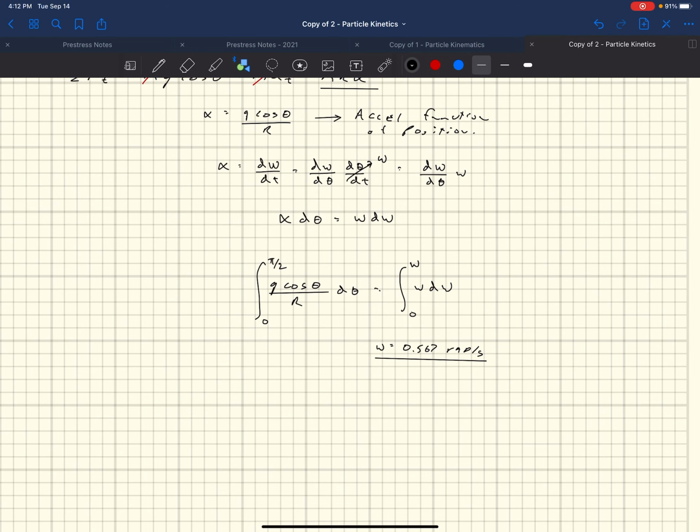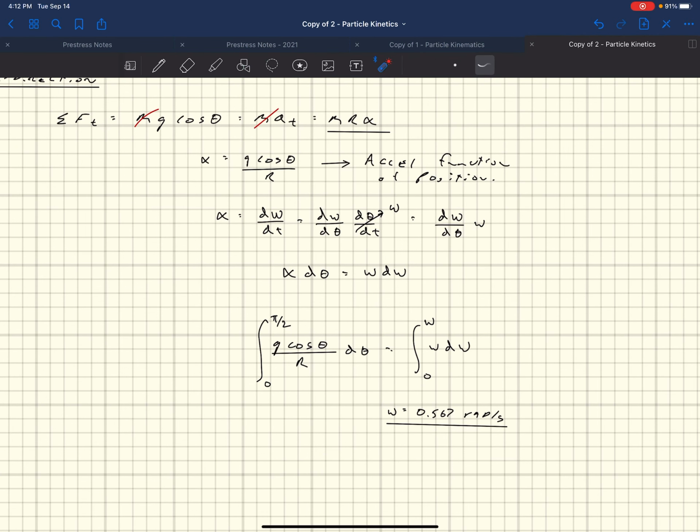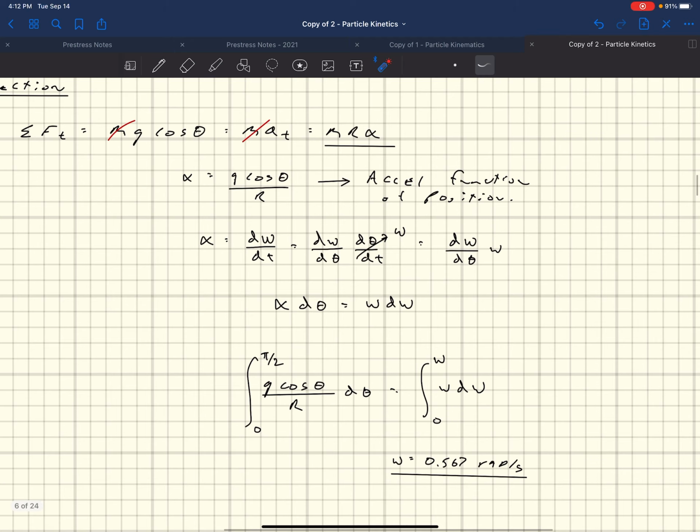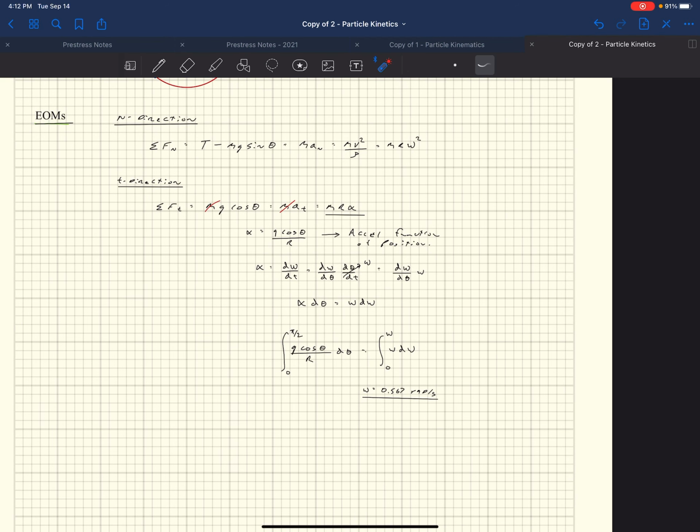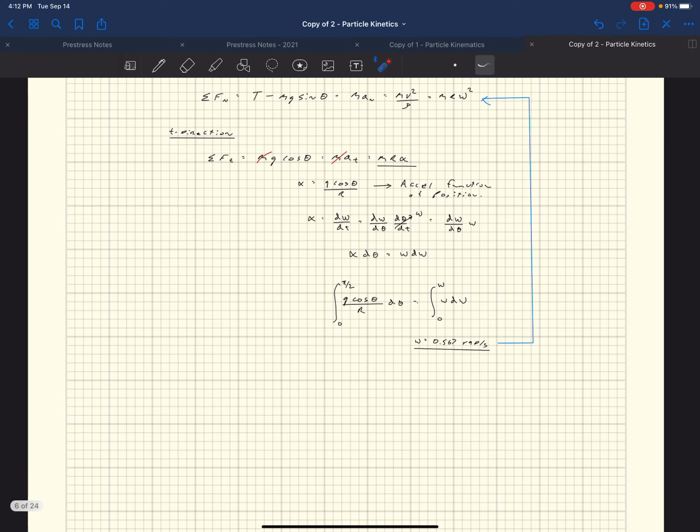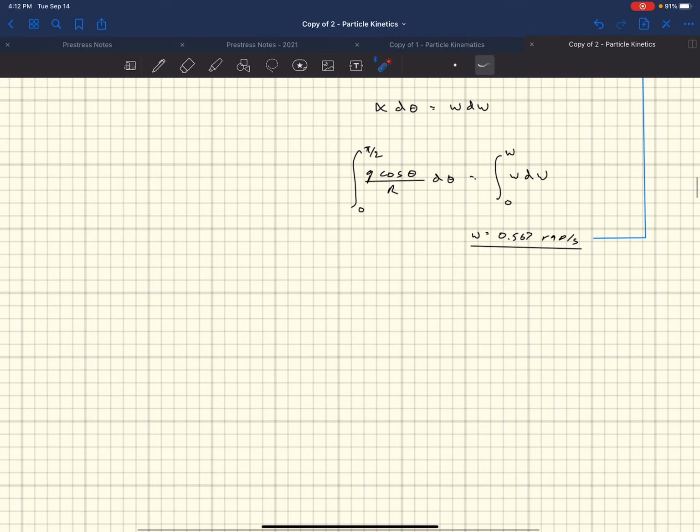I could take that and plug it into this version of the equation above. I'm going to use that form because I solved for omega at the bottom instead of velocity. And so since I have that omega, I'm going to use this version of my acceleration. So I take that, plug it into the equation above. The only unknown is t.